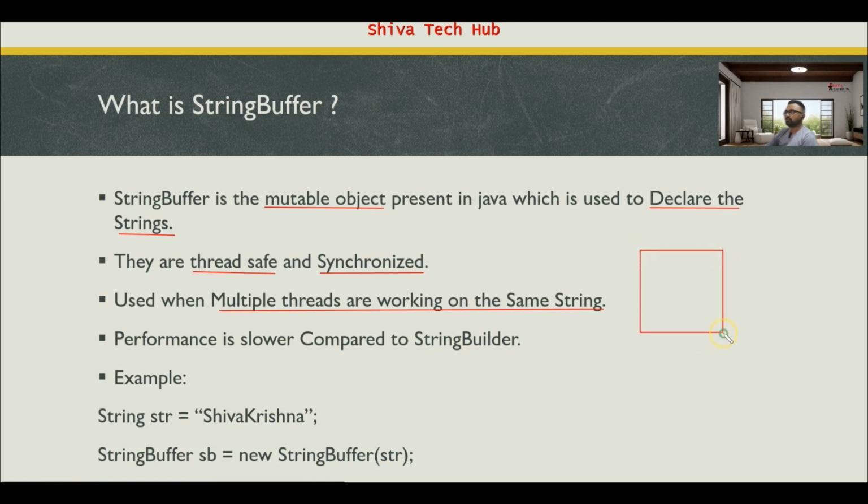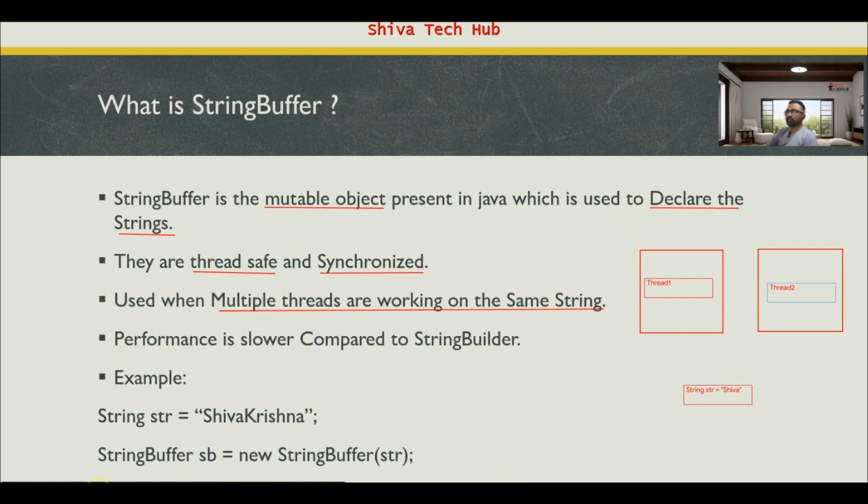For example, let me create two threads. Let us consider this as thread 1 and this as thread 2, and let me write down a string. This is thread 1 and this is thread 2.